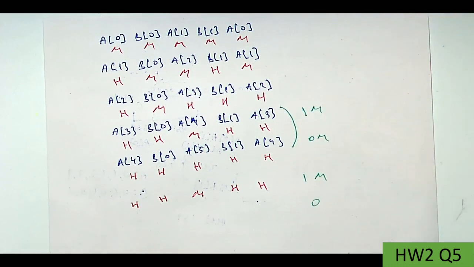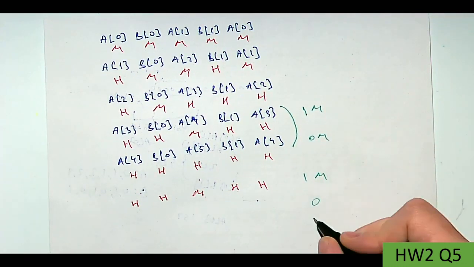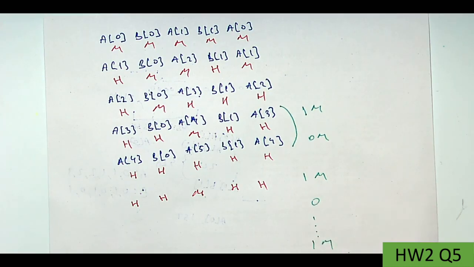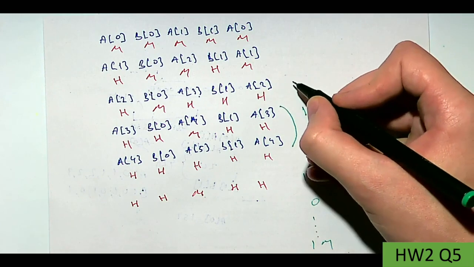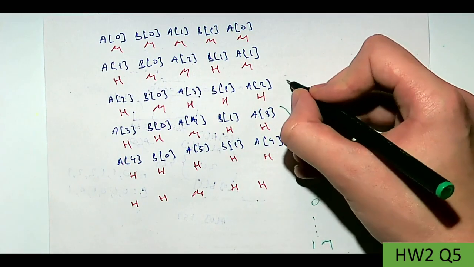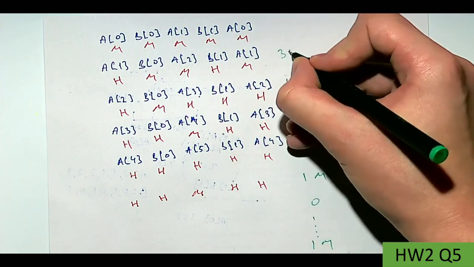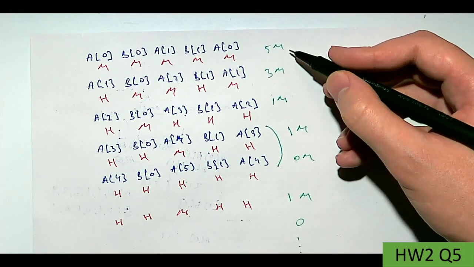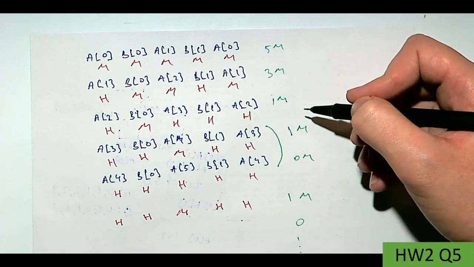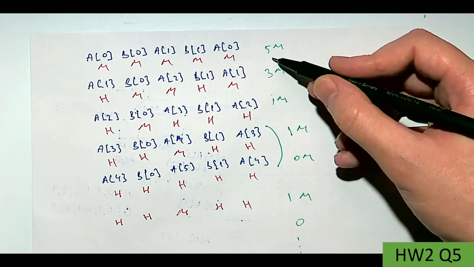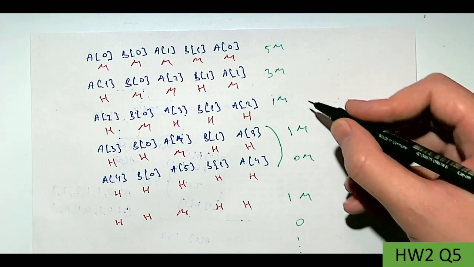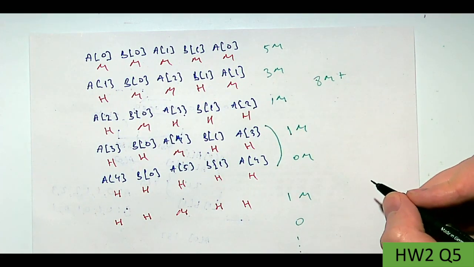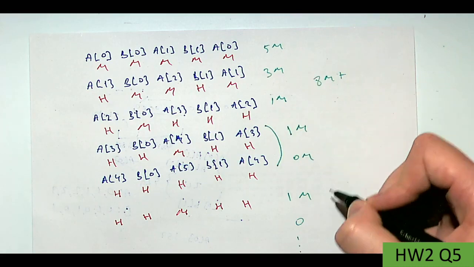We know that in total we have 16 iterations, so we will end with what? With 1 miss, right? Here. And here we have 1 miss for this iteration, 3 misses, and 5 misses. So if we add everything together, it is 8 misses here, 8 misses plus how many? So it's 13, right?